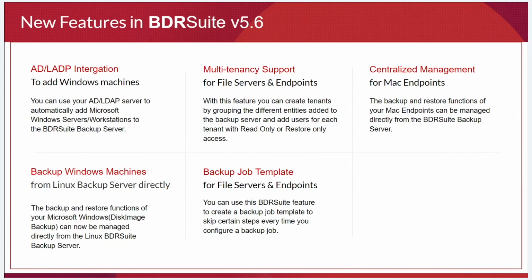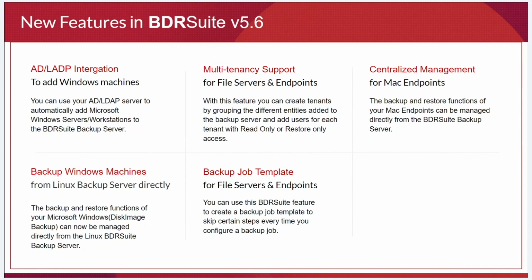And next to it, we have the backup for your Windows machines from the Linux backup server. This is one of the important features that we have gotten. As you all know, the BDRSuite has two installers. One is the Windows installer as well as the Linux installer. So in the Linux backup server, previously we had to use a unified client to configure the backup for your Microsoft Windows machines.